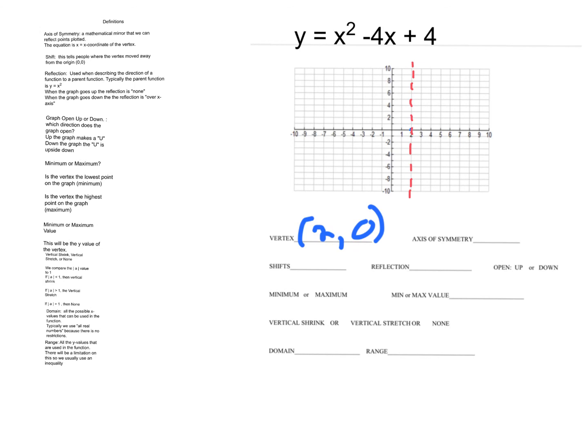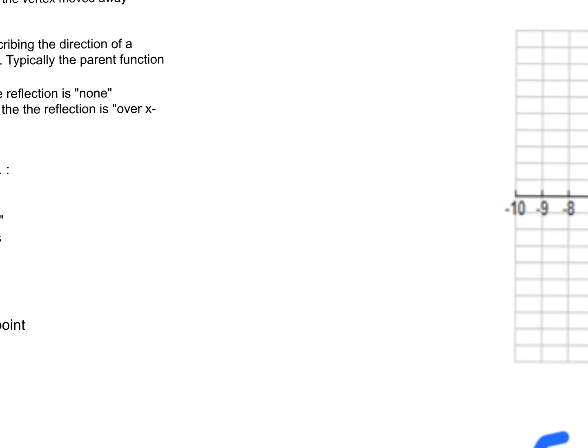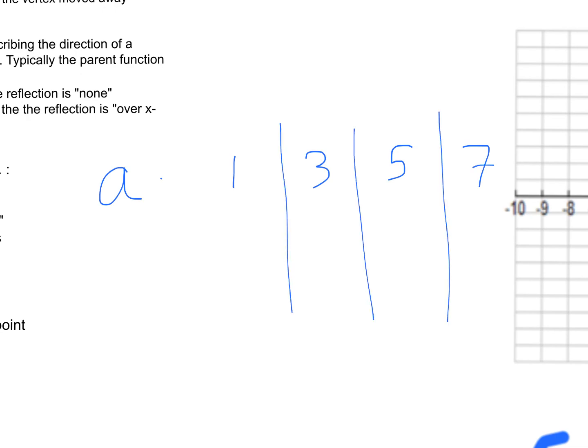Okay, we're going to take our a value. Let me change my pen size again. That was awful. We're going to do a times 1, 3, 5, and 7. So again, what this tells us is we're going to go right 1 every single time.